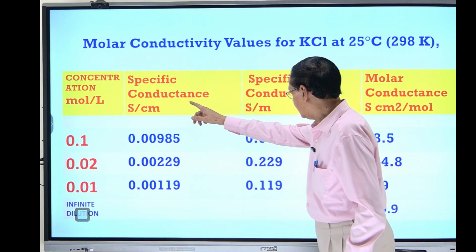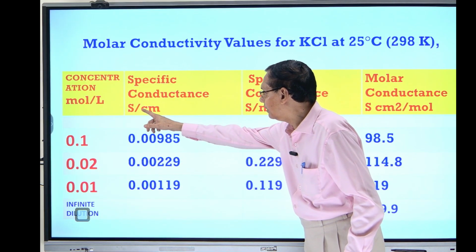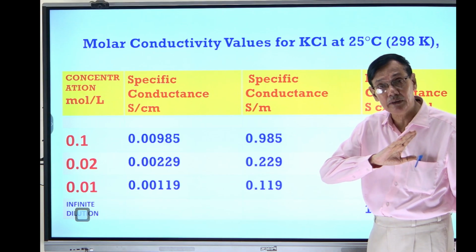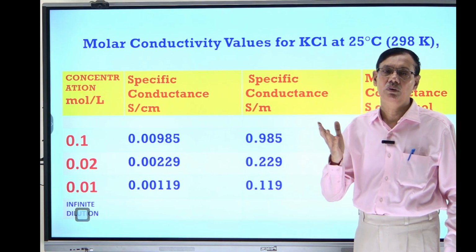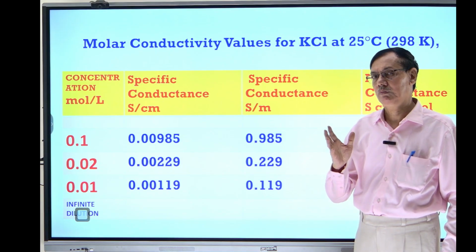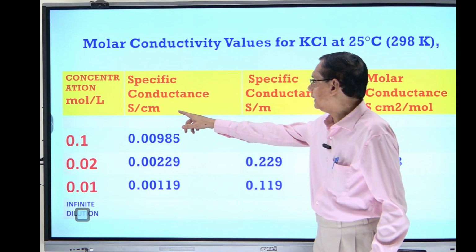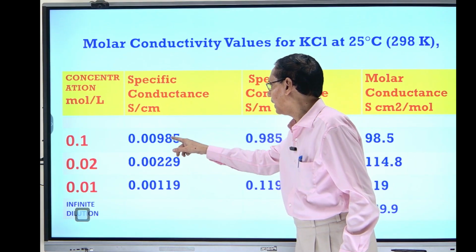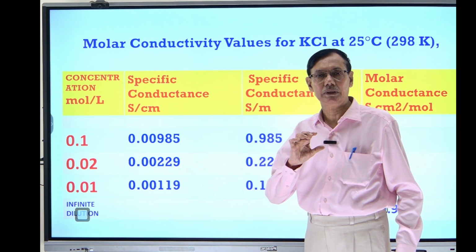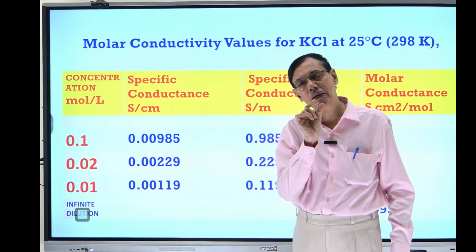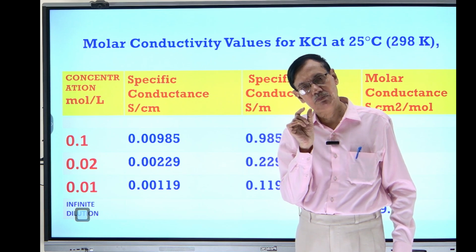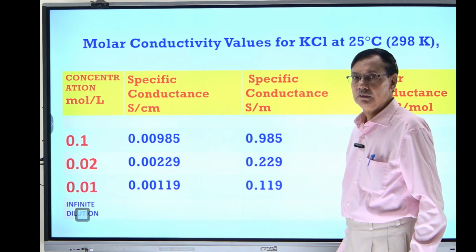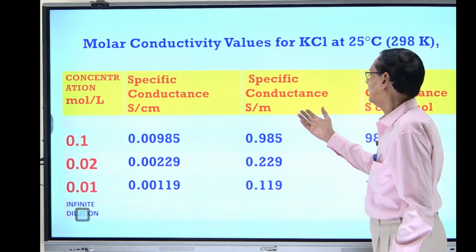तो मैंने इसे जानबूझ के यहाँ पे पहले सेंटीमीटर, सीमेंस पर सेंटीमीटर. You know how to convert the centimeter to meter. You know that 1 meter is equal to 100 सेंटीमीटर. तो आप कन्वर्ट कर सकते हो बड़ा आसानी से. तो यहाँ पे मैंने क्या लिखा देखिए, सीमेंस पर सेंटीमीटर, the value is 0.00985. अभी थोड़ी देर पहले मैंने बताया कि ये हमने 1 सेंटीमीटर क्यूब लिया and the conductance produced by the ions only that particular, so the value is very less. फिर हमने इसको मीटर में कन्वर्ट किया.